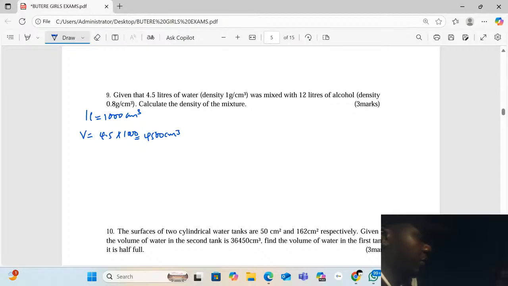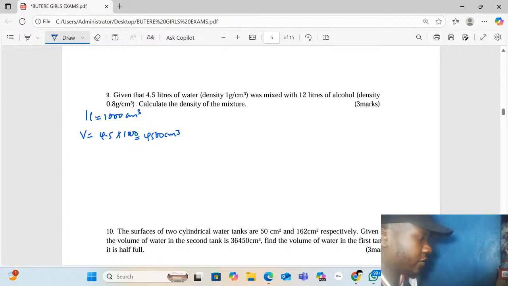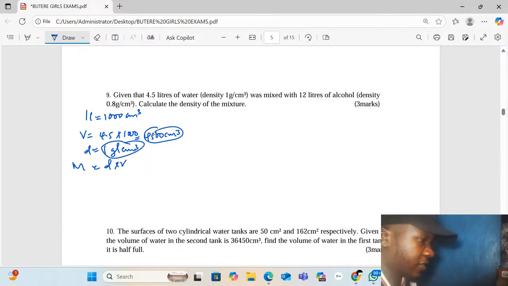Then we have the density, which is 1 gram per cubic centimeter. And we know that mass is equal to density times volume. We have the density, which is 1 gram, and the volume, which is 4,500 cubic centimeters.